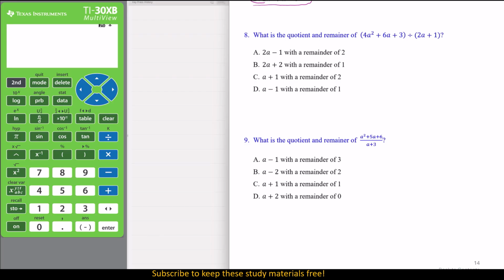So what do we do? We have to write 2a plus 1, and then set up your division.